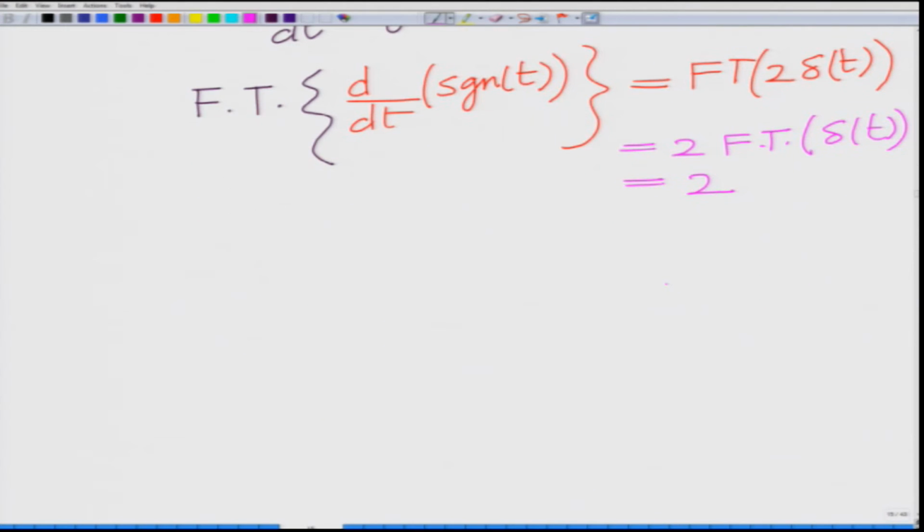However, we also have a result which states that the Fourier transform of the derivative of a function, consider this the derivative property of the Fourier transform.